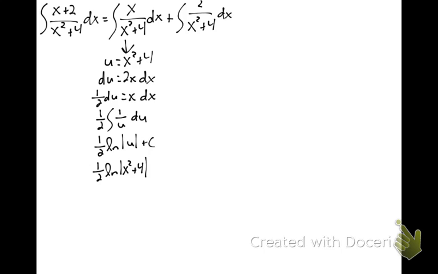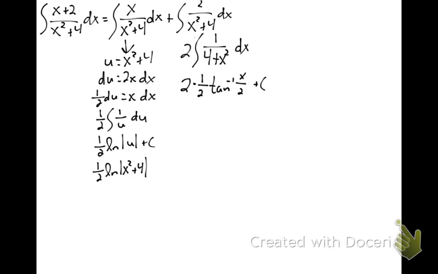Dealing with the second integral, it looks a lot like an arctangent integral. I'll rewrite it this way to match it up, which means that a is 2 and u is x, so the integral of this would be 2 times 1 over a, so 1/2, times the inverse tangent of x over 2, plus c.